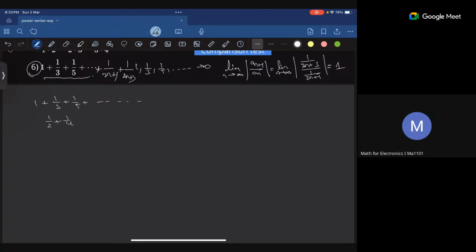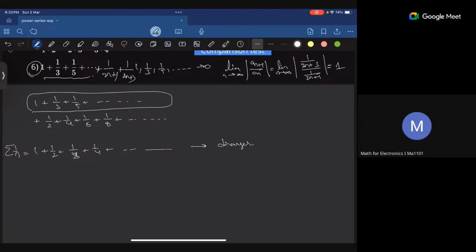And there are no even terms, right? So 1 by 6 plus 1 by 8 and so on. So we know that 1 plus half plus 1 by 3 plus 1 by 4 and so on, which is summation 1 by n, actually diverges, right? And we have written the same summation as two different summations, right? So 1 plus 1 by 3 plus 1 by 5 and so on, and plus half plus 1 by 4 plus 1 by 6 plus 1 by 8 and so on.